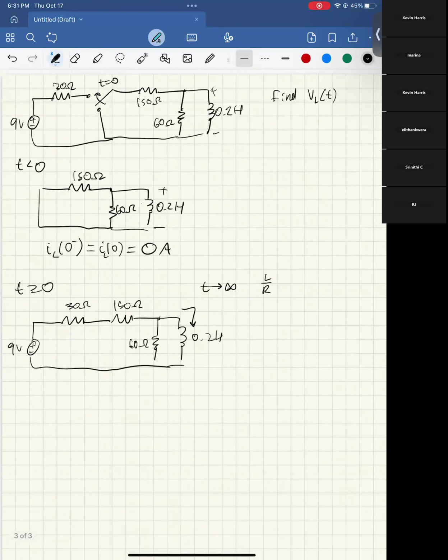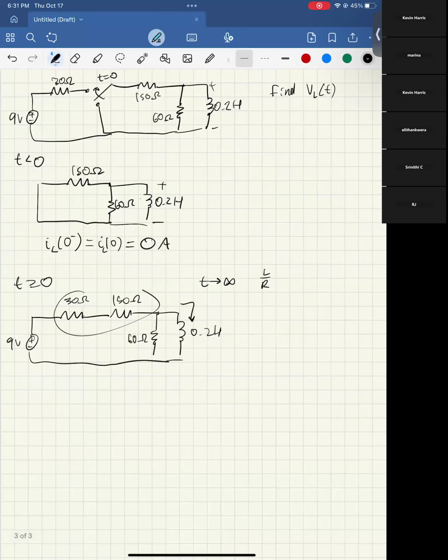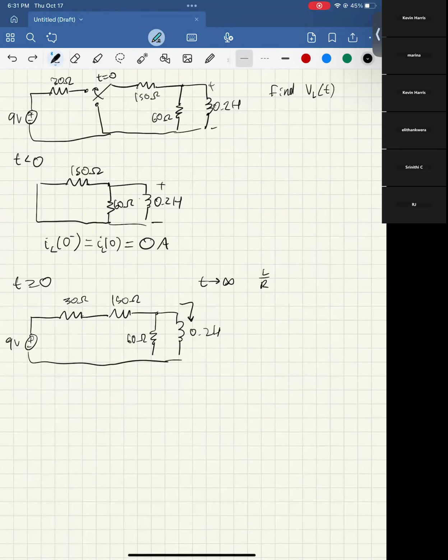The easiest way to start is just by combining things that are next to each other. So we got 9 volts, and then 180 ohms next to a 60, and then we can do a source transform.